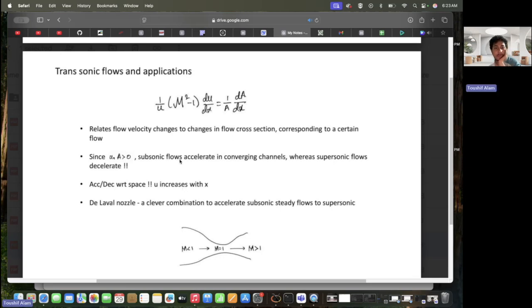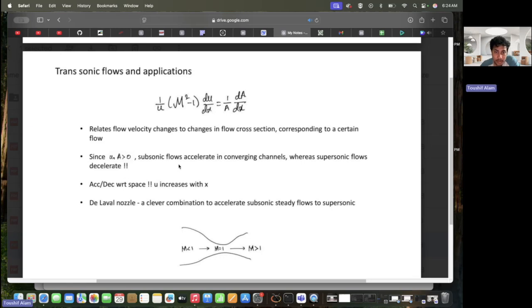So subsonic flow accelerates in converging channels. As area is decreasing, it will accelerate, whereas supersonic flow decelerates.